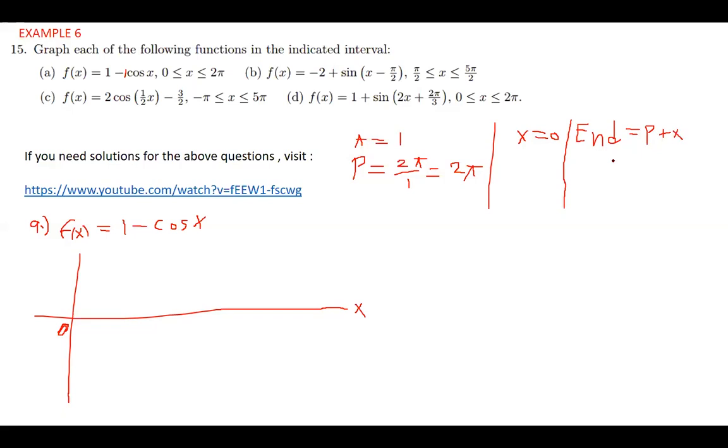The period is 2 pi, and you add it to x, which is 0. So we're going to end at 2 pi. For this given domain, it's just showing us that we have to move one oscillation, one cycle. So we can start sketching the graph, starting from 0 and ending at 2 pi.